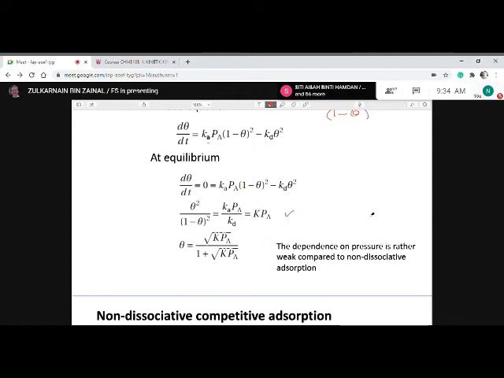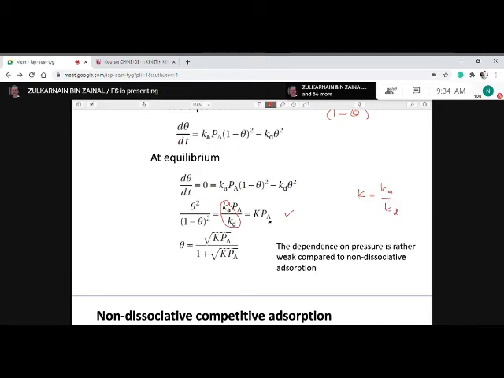So theta squared over (1 minus theta) squared is equal to K Pa over Kd, and Ka is the rate constant for the forward reaction, Kd is the rate constant for the backward reaction, and K is just Ka over Kd.